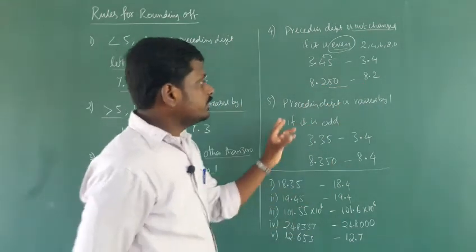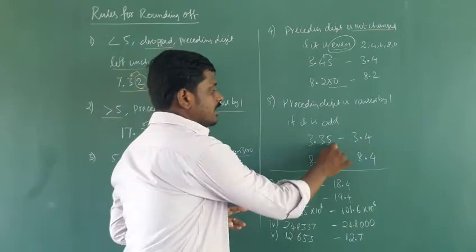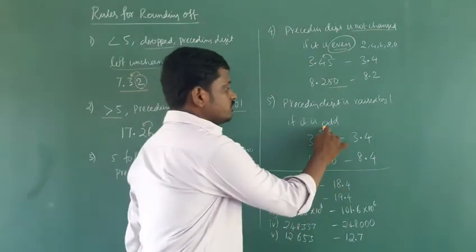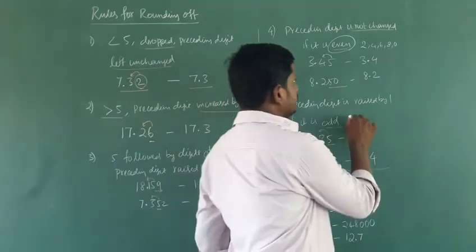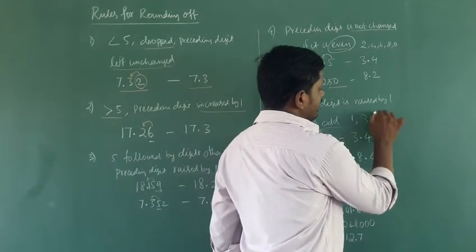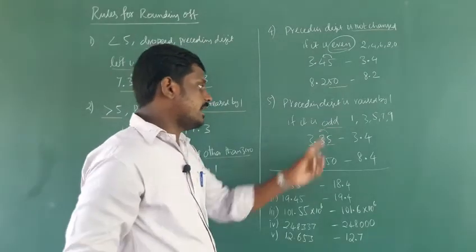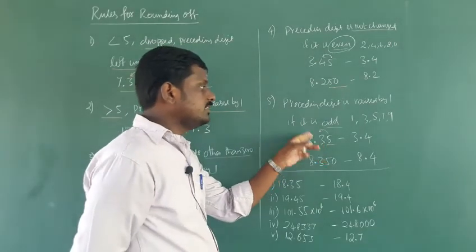Then, I am going to drop 5 and check whether the preceding number is even or odd. Odd means 1, 3, 5, 7 and 9. If the preceding number is odd, it is increased by 1.